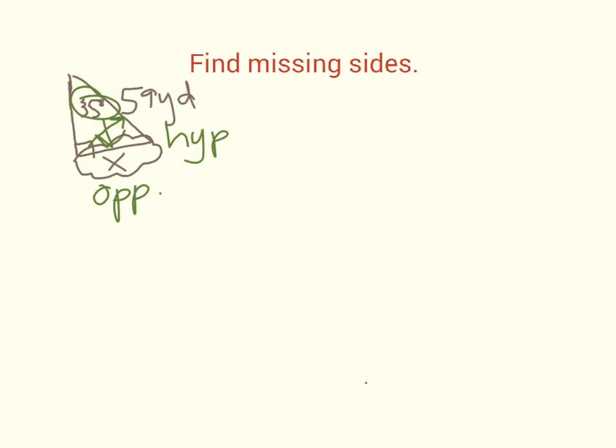Go ahead and label and identify your sides based on the angle because that will determine which trig function you're going to use. So if I write SOHCAHTOA, just to help me determine, let's see, I'm given the opposite side and the hypotenuse side. So I want to look and see which one uses opposite and hypotenuse.